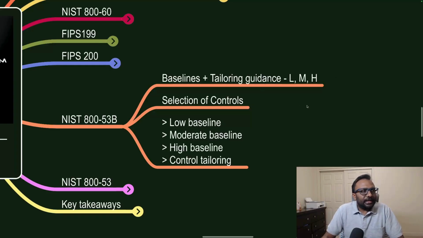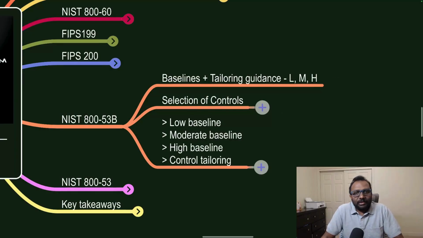And the tailoring guidelines: common controls, additional security controls, compensating controls, which we need to tailor according to that particular impact level. What are the bare minimum security controls to be implemented and how to tailor them? That is covered in 853.